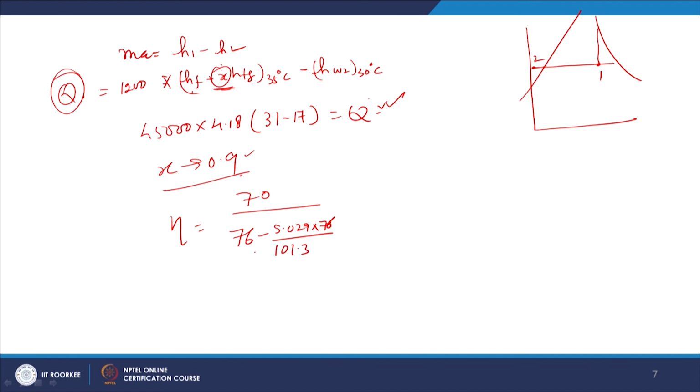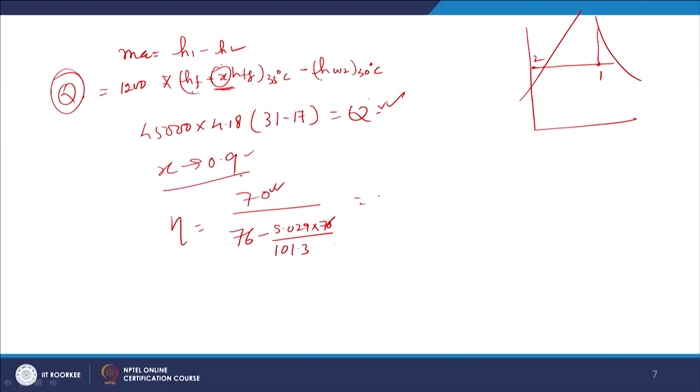What we have done is compare the actual vacuum and the ideal vacuum, right. So the ideal vacuum has to be more than the actual vacuum. Ideal vacuum is when there is no air. Actual vacuum is when there is air present in the condenser. In that case, absolute pressure is high. If we manipulate this value, we will be getting 0.975 or 97.5%. This is the vacuum efficiency of the condenser, right.